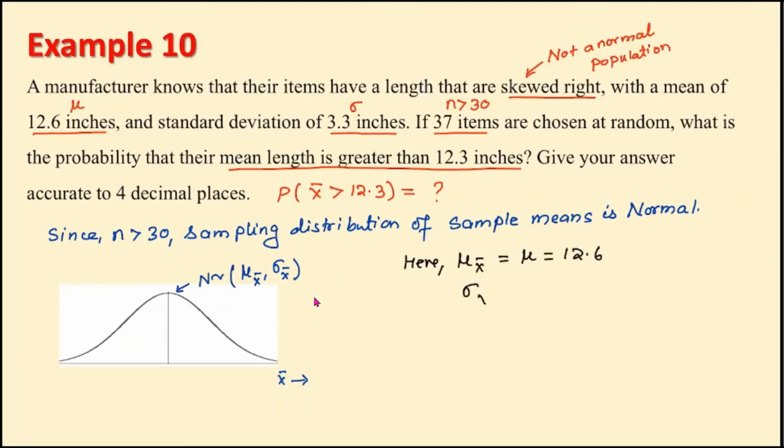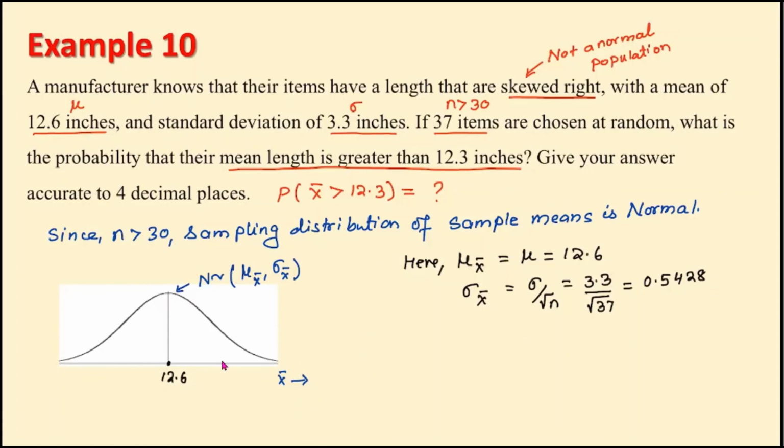And the standard deviation is the population standard deviation divided by square root of n, that is 3.3 divided by square root of 37, which is 0.5428. So for this sampling distribution, the mean is 12.6, which goes here in the middle, and the standard deviation is 0.5428.